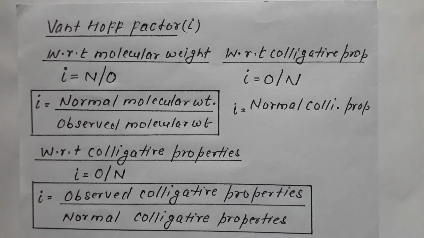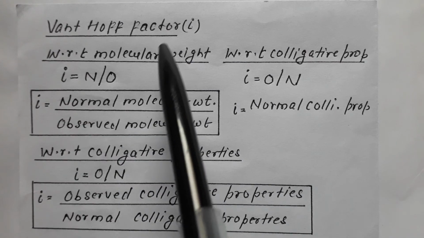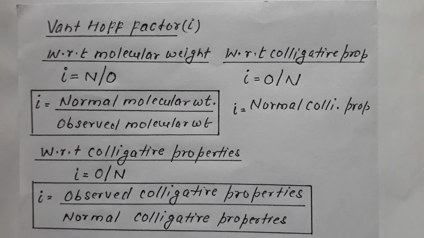So what is the importance of Van 't Hoff factor? The importance is that it takes into account the abnormality in the calculation, so that the observed molecular mass becomes equal to normal.